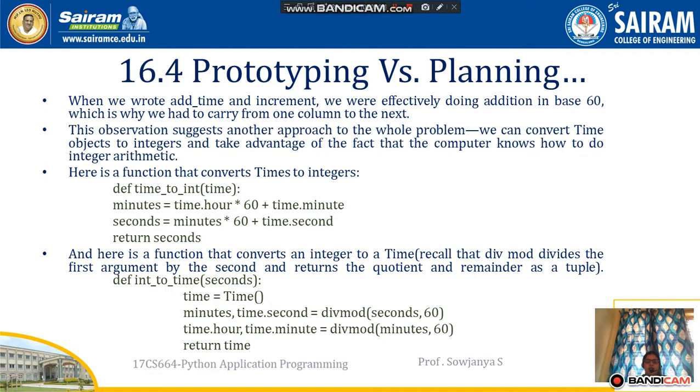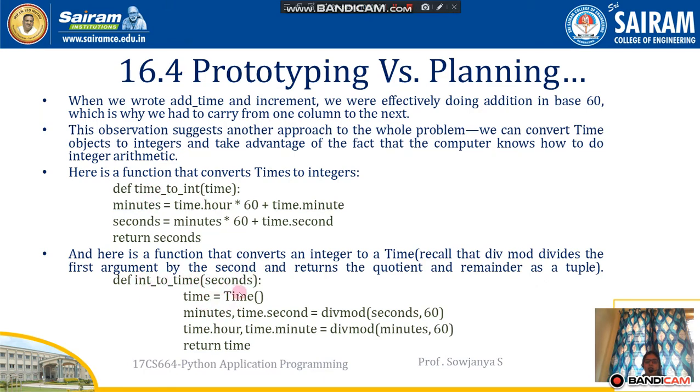How can it be done? We think about divmod, which divides the first argument by the second and returns the quotient and the remainder as a tuple. In a similar way we can do this. Here we have defined time to int, but here we define int to time.